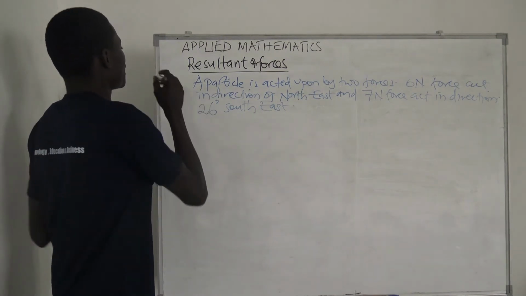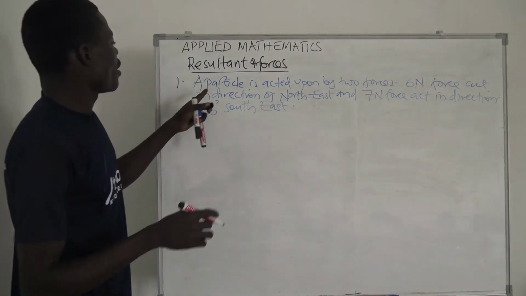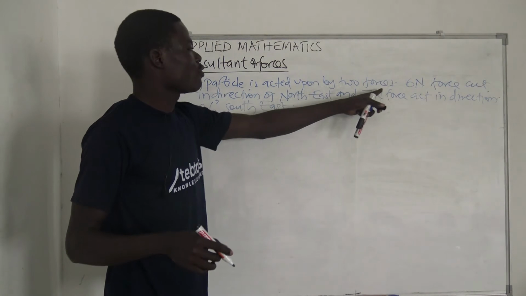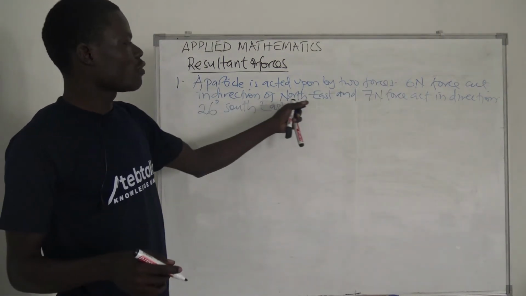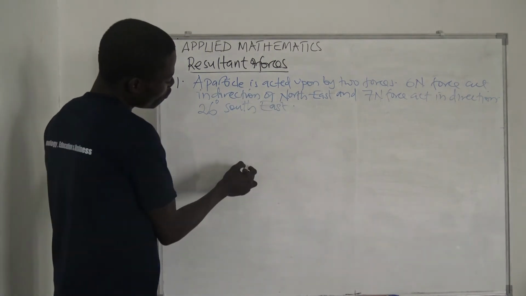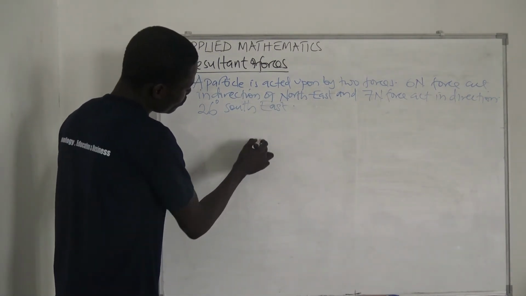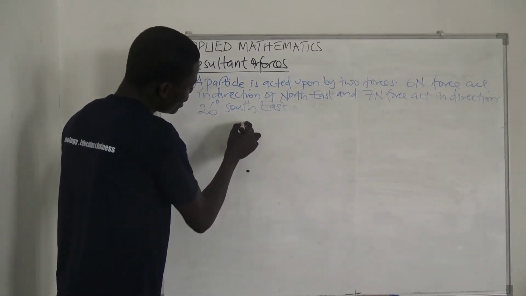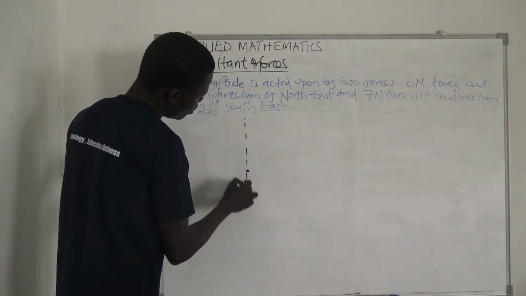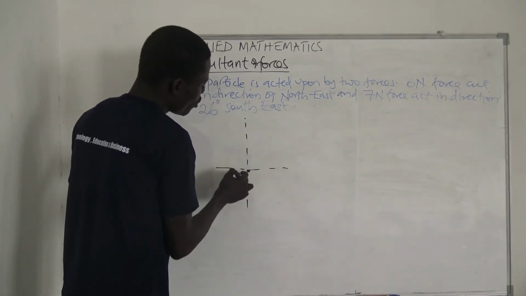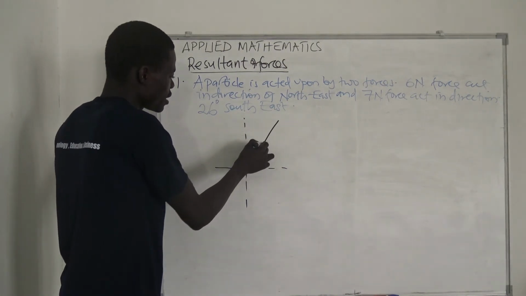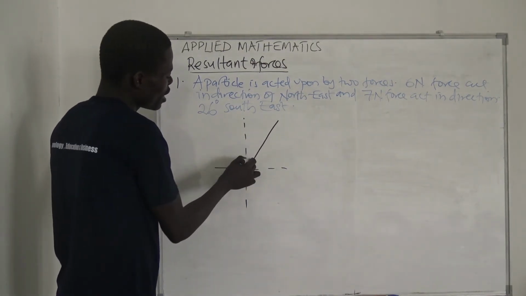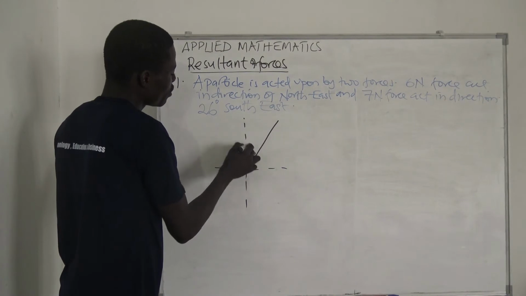We have example 1. A particle is acted upon by two forces. 6 Newton force acts in the direction of northeast, implying if this one is our particle, this one is our bearing. Northeast means it is in the middle of northeast, so this one becomes 45.